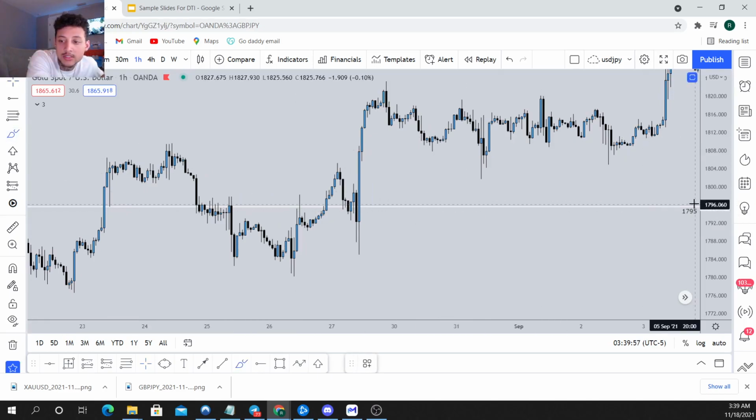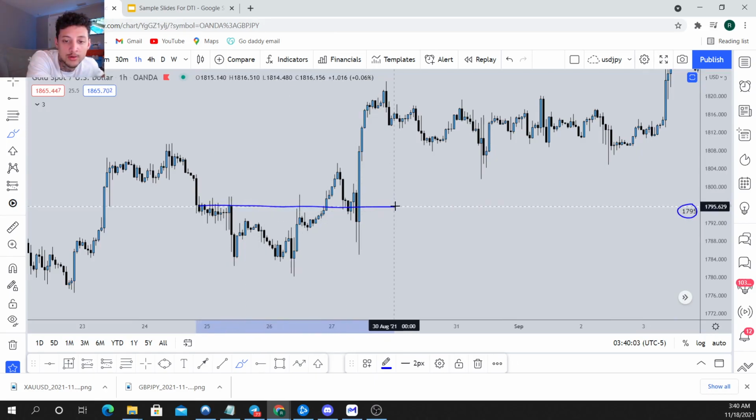Notice again, 1795 is a level of supply and demand, support and resistance. Notice how we have support and resistance throughout this blue line. Price was trading under this level every single time it came up to this level. Notice the break. At this point right here, people started to buy because support held.